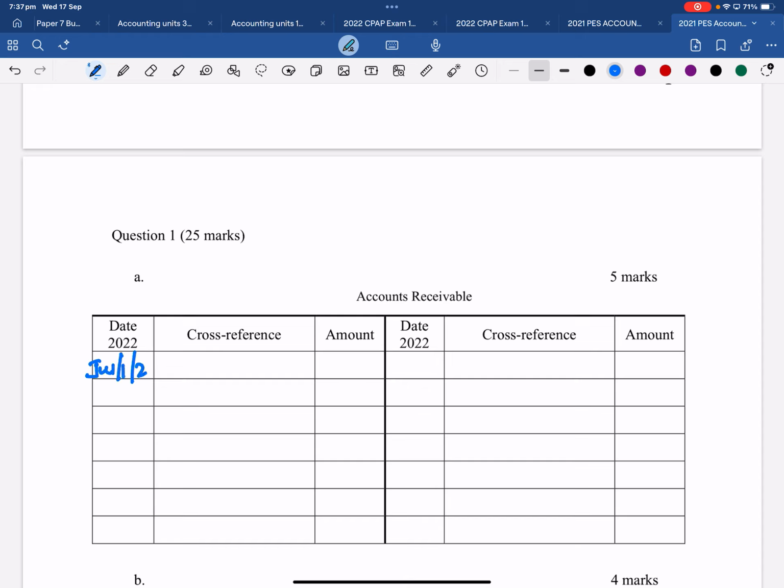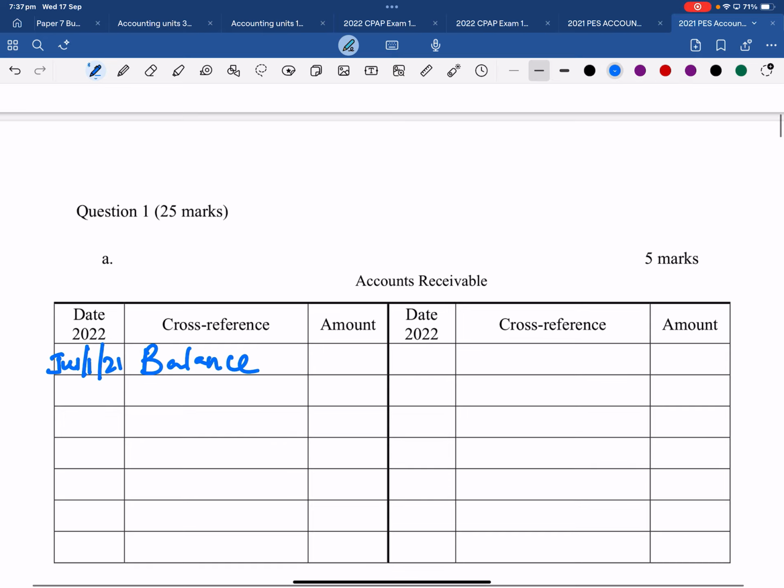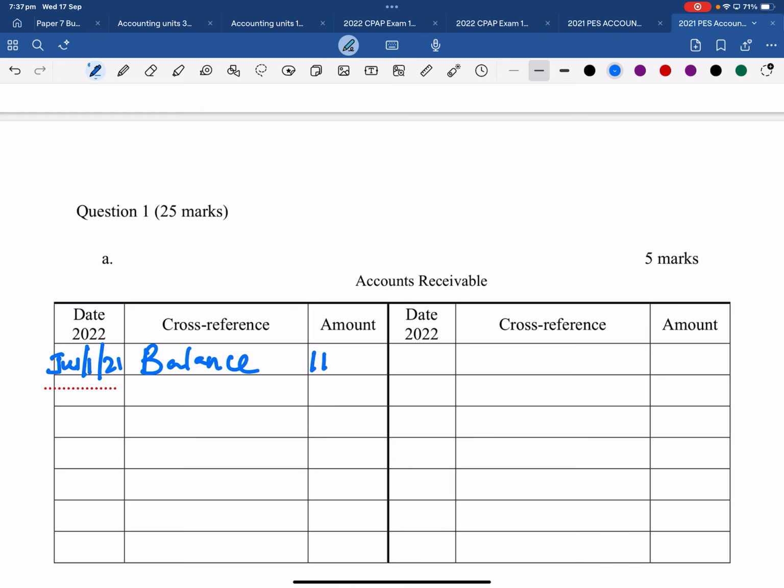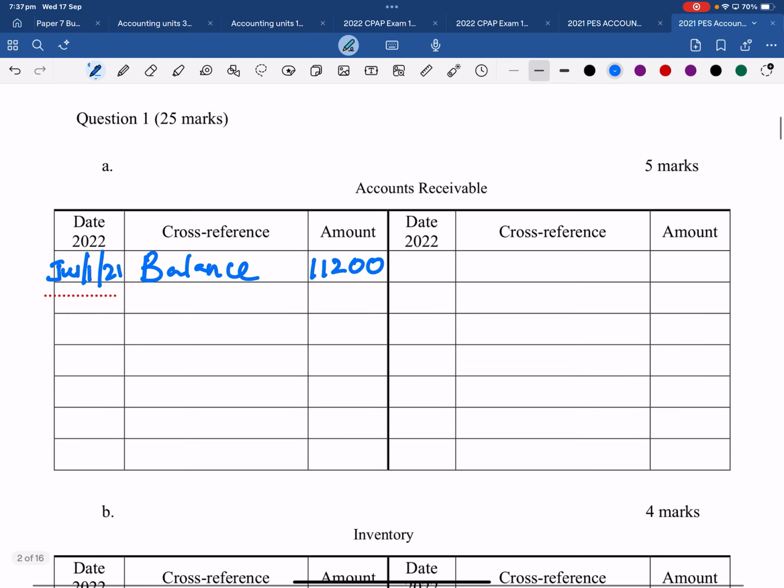First 21. Balance. How much? 11,200. And then closing is how much? 12,000. Closing is 12,000.